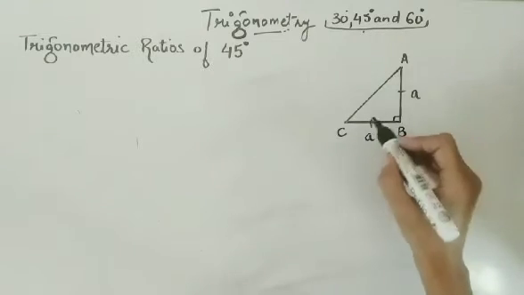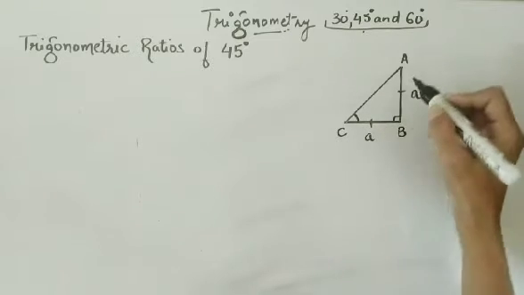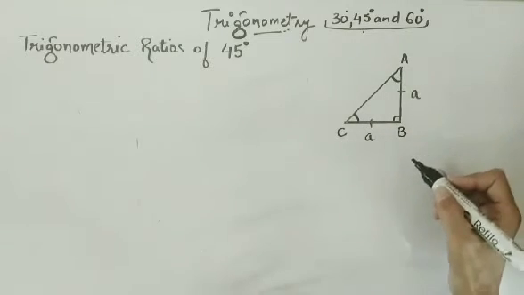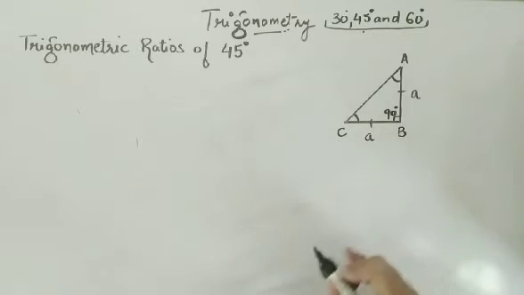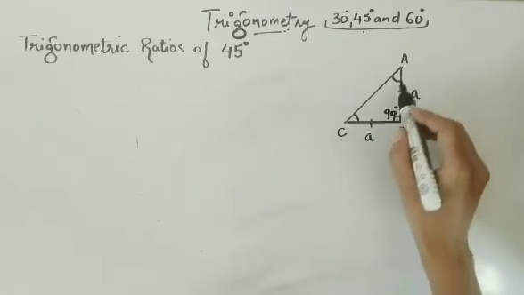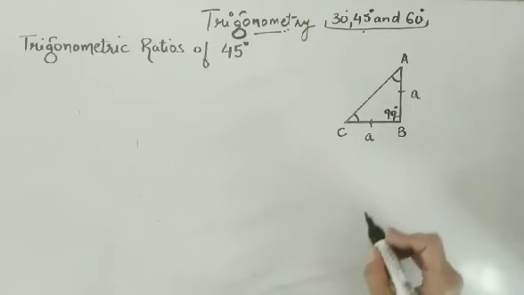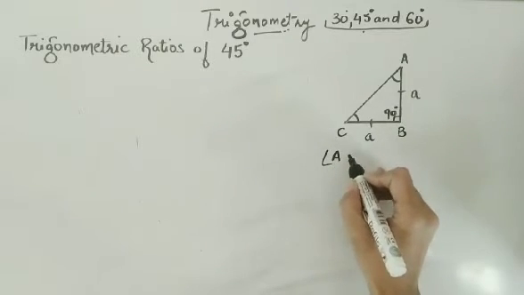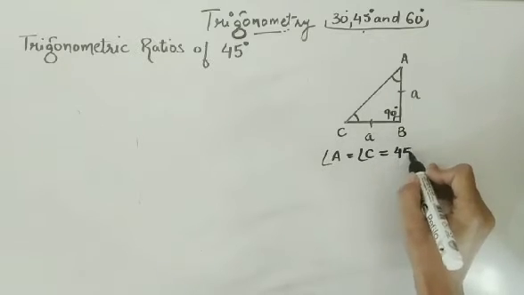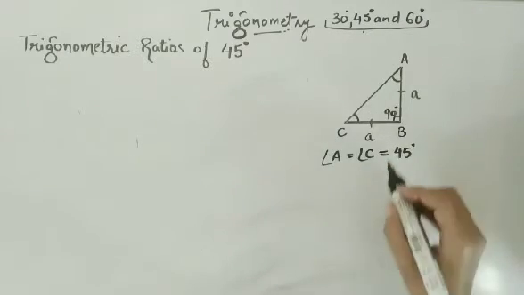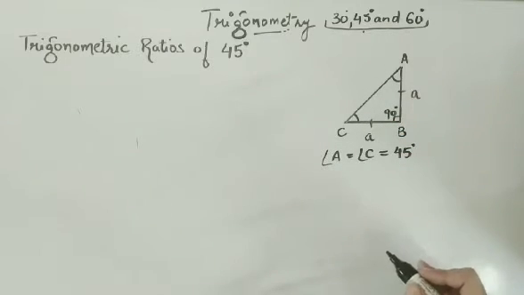And if sides are equal, the angles opposite to them must be equal. If this angle is 90, the other two angles must add up to 90. That makes angle A and angle C equal to 45 each. So both the angles are 45 degree each.